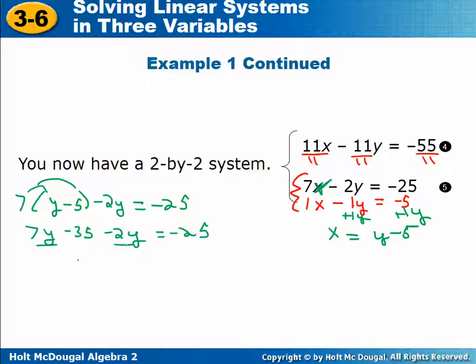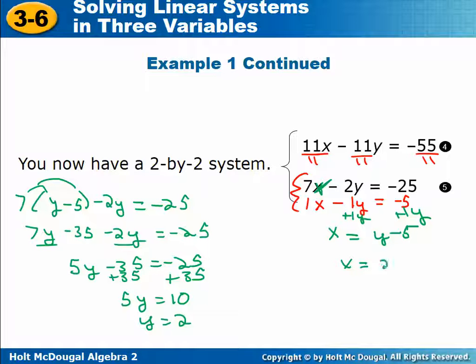Combine your like terms, and we have a two-step equation. Add 35 to both sides, and y is equal to 2. X now is going to be 2 minus 5, so x is negative 3.